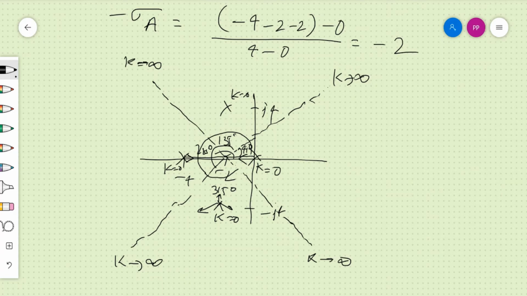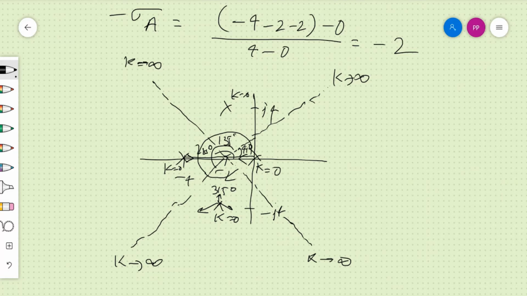For that, let us consider the departure of the open loop poles and zeros that are complex in nature. For that we have to use a simple formula.